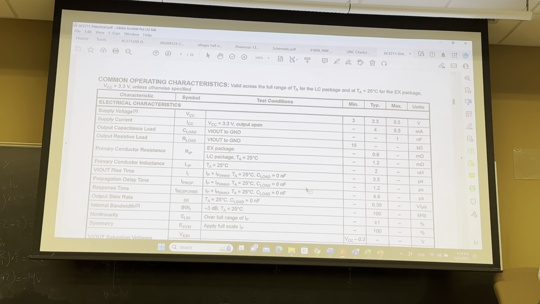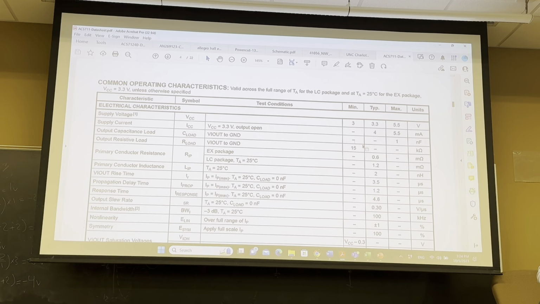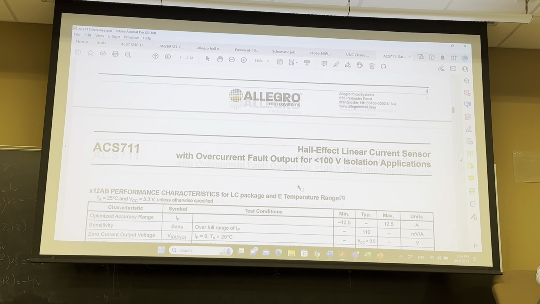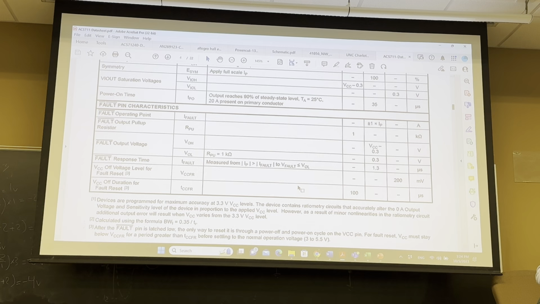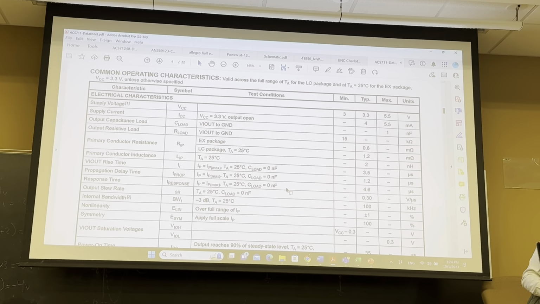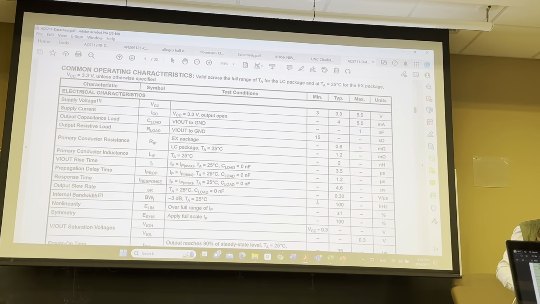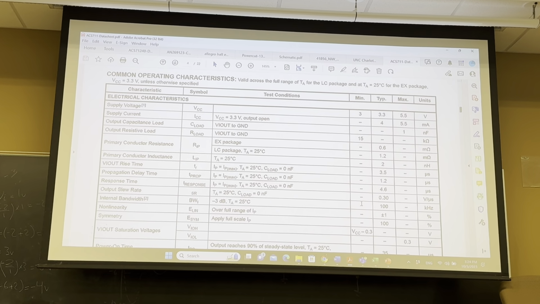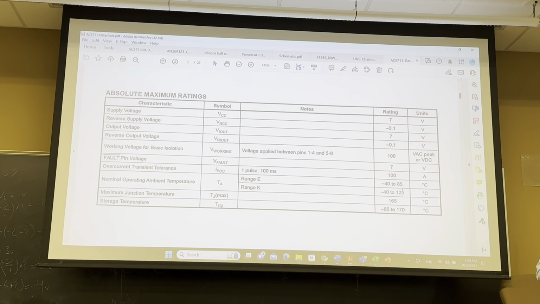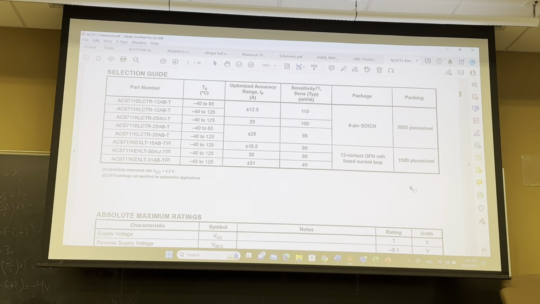Outputs. So the current can be plus or minus.